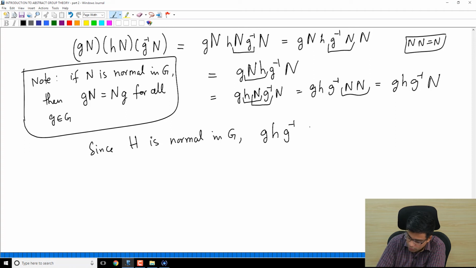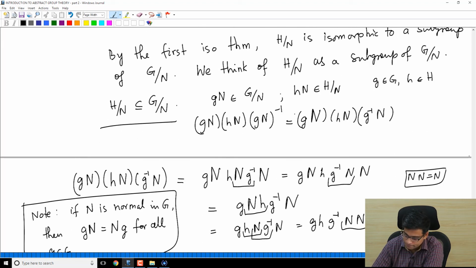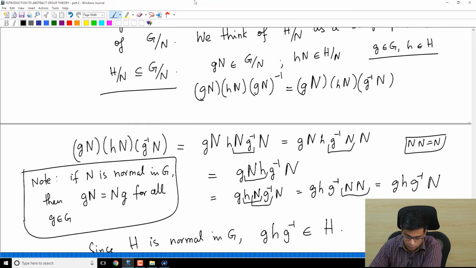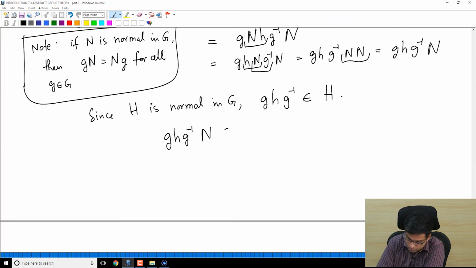GHG inverse belongs to H, right? Because g is in capital G and h is in capital H, so ghg inverse is in H, since g is in G, h is in H. So ghg inverse N is in H mod N, right?